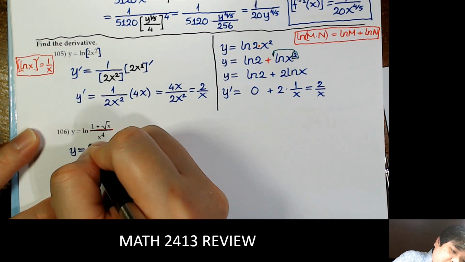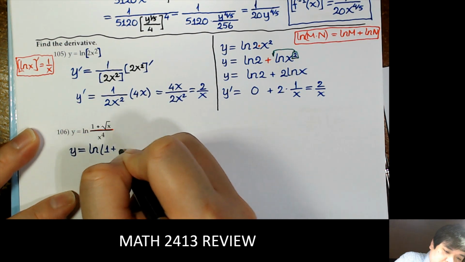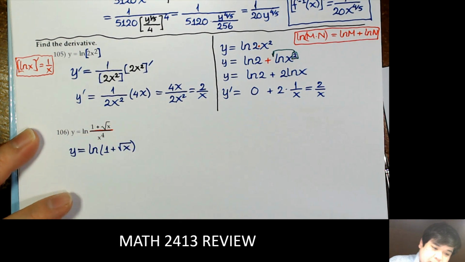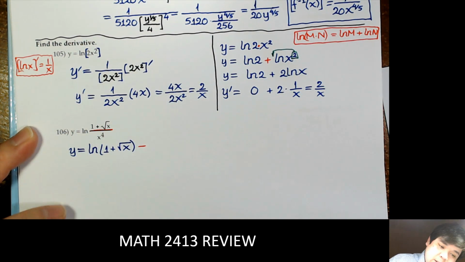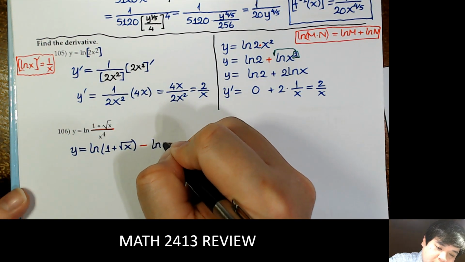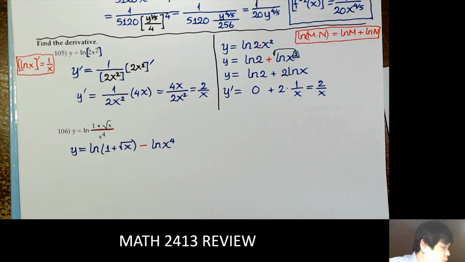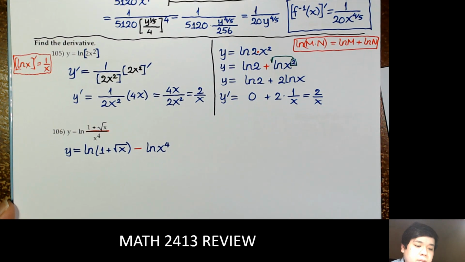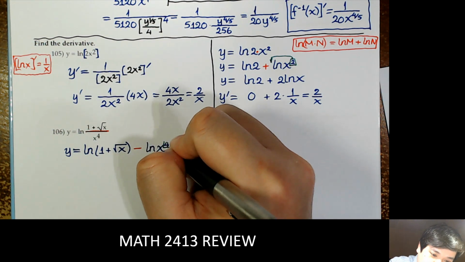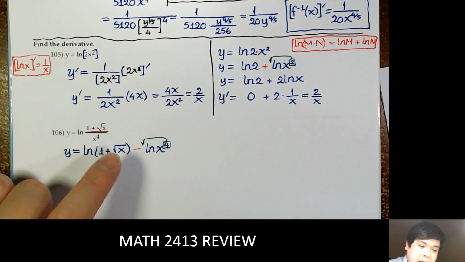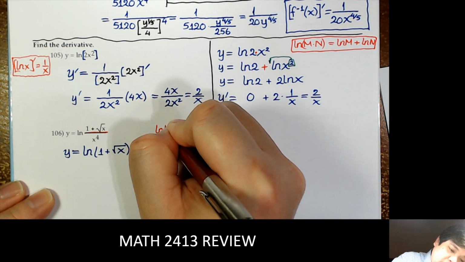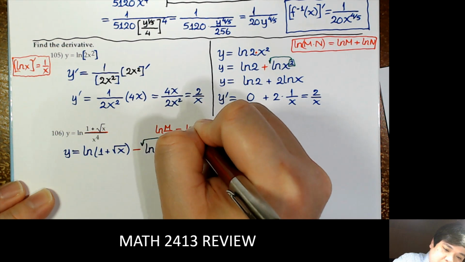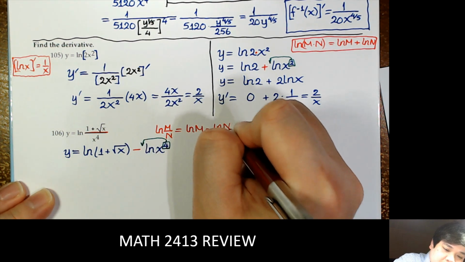So still y equals ln of 1 plus square root of x, subtract ln of x to the 4th power. Of course, the 4th here we can take outside. First, let's just write the properties of the log: ln of m divided by n is ln of m minus ln of n.